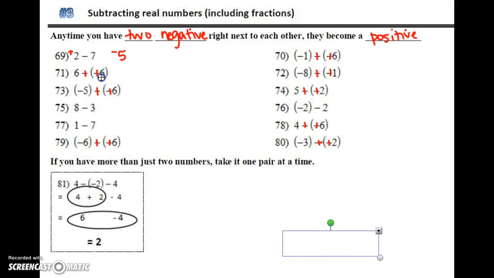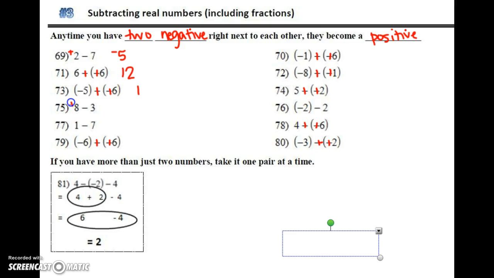So 6 plus 6. Same signs, so just add and keep, 12. Negative 5 plus 6, different signs. So we're going to subtract. 6 minus 5 is 1, and then keep the sign of the bigger. And the bigger is 6, and it's positive, so it's positive 1.